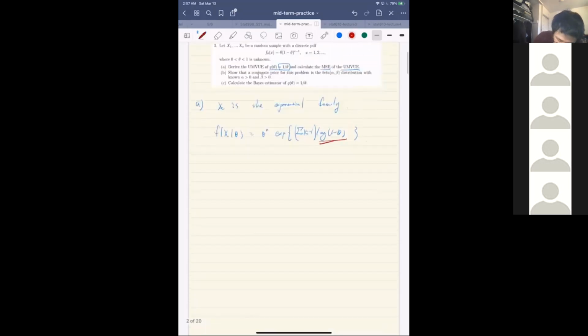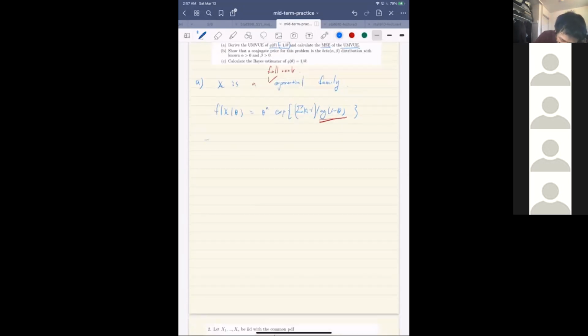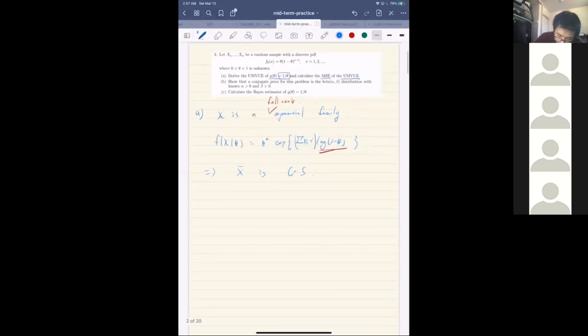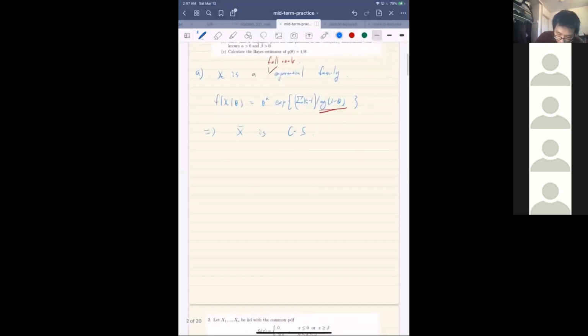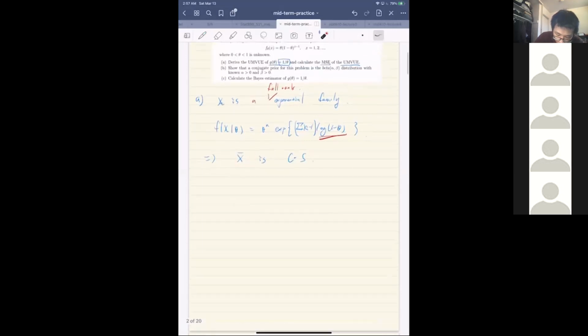So the sample mean is the complete sufficient statistic. So then if we can find some function of this statistic that is equal to this, then that should be the UMVUE.